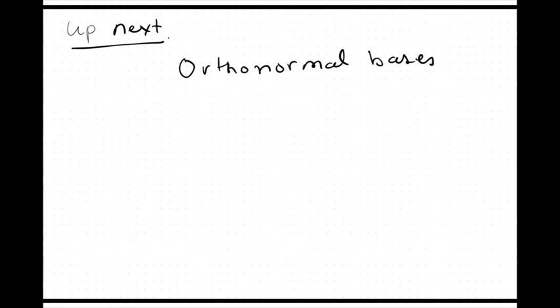A list of vectors is orthonormal if each has norm 1 and is orthogonal to all the other vectors in the list. And of course, if this list is a basis, we get an orthonormal basis, but that will be the topic for next recording.